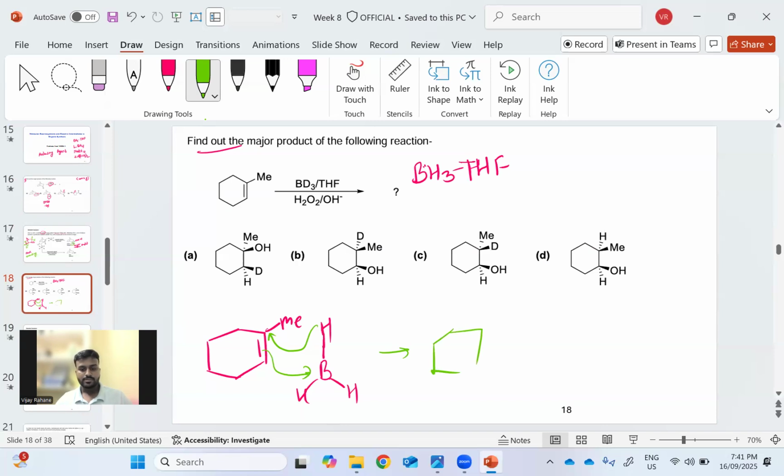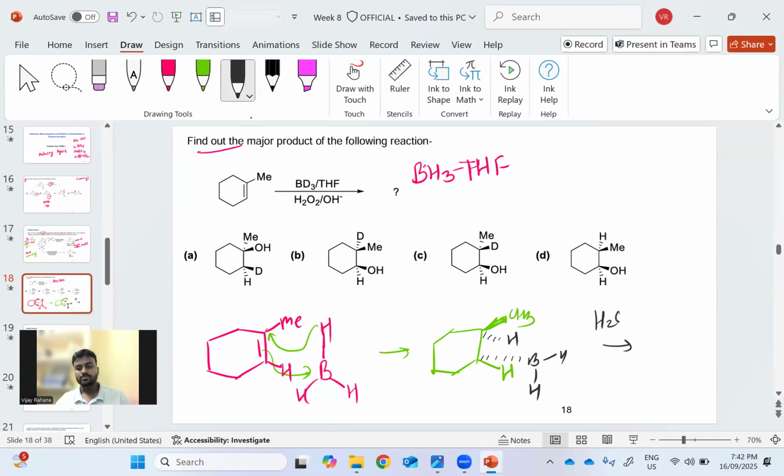So we get a product in which this methyl will be, let's say, on the downside, whether it is downside or upside, whatever it is. So just write in the syn fashion. So if I write this methyl on the syn side, there was a hydrogen, that hydrogen again will be there. Now the hydride from the BH3 and the boron complex will be in the syn fashion.